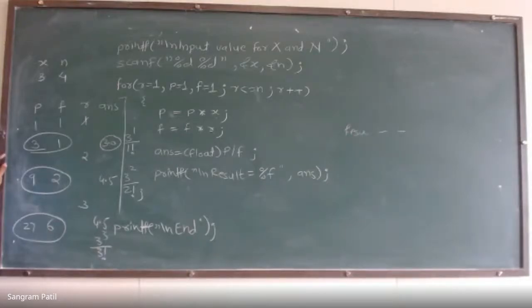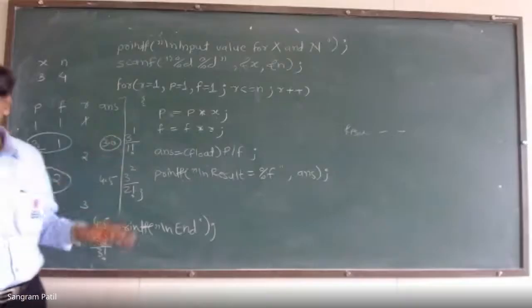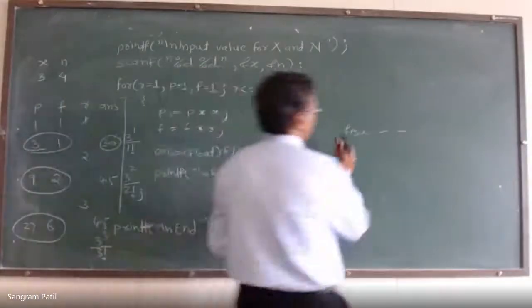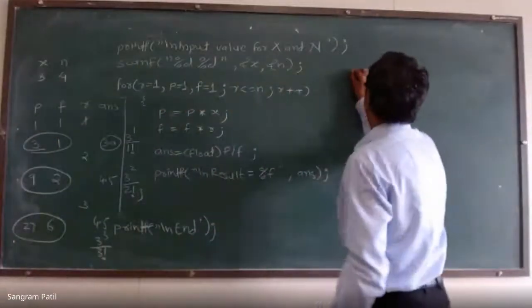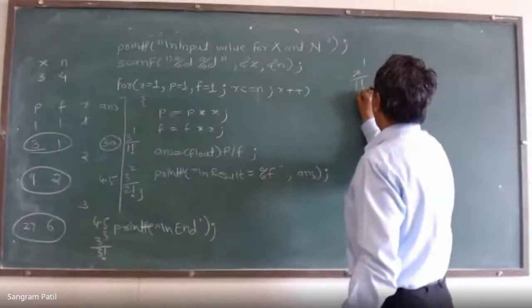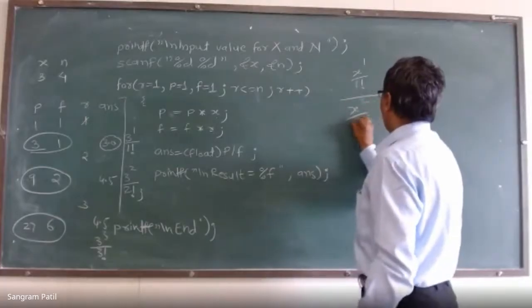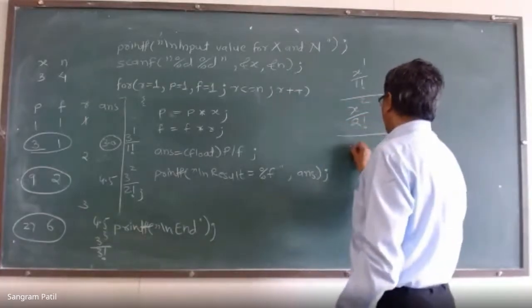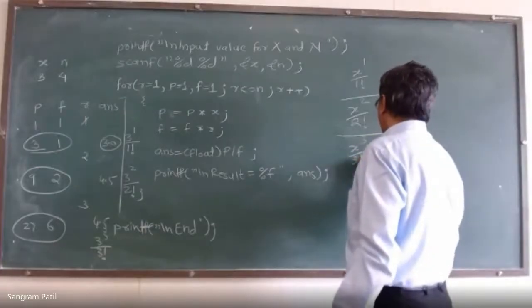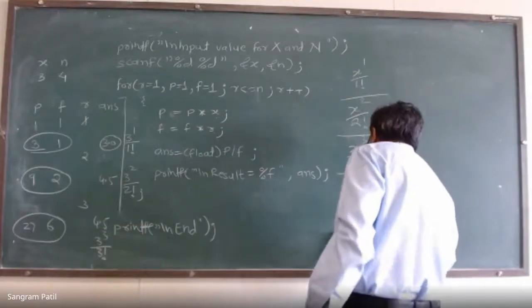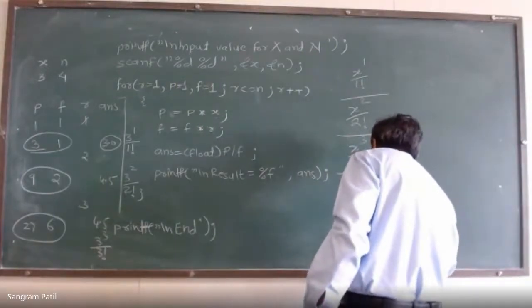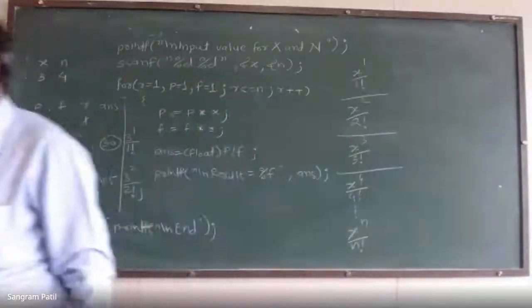Are you getting me? कळतंय हे काय होतं? So this program gives you output as x raised to 1 divided by 1 factorial. Next time it gives you x raised to 2 divided by 2 factorial. Next time it gives you x raised to 3 divided by 3 factorial. Next time it gives you x raised to 4 divided by 4 factorial. Like this it gives you x raised to n divided by n factorial.